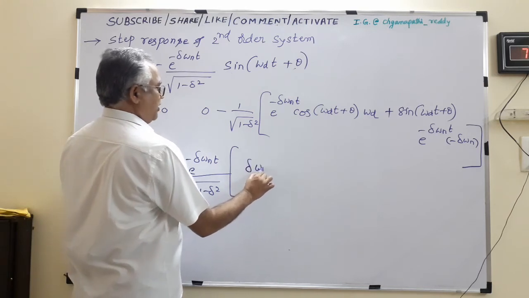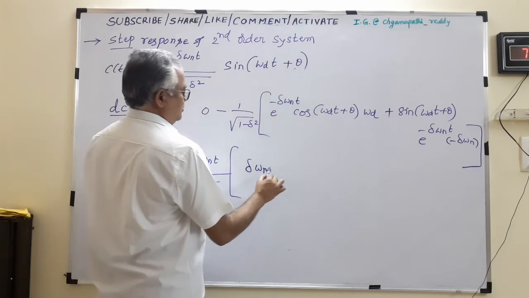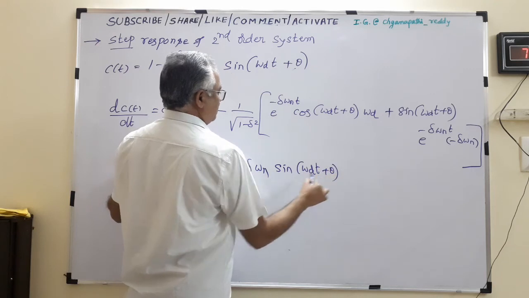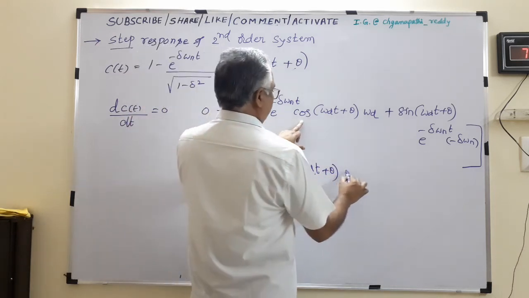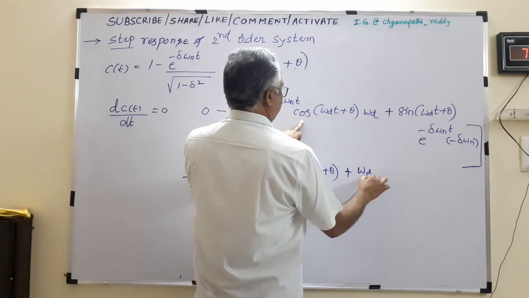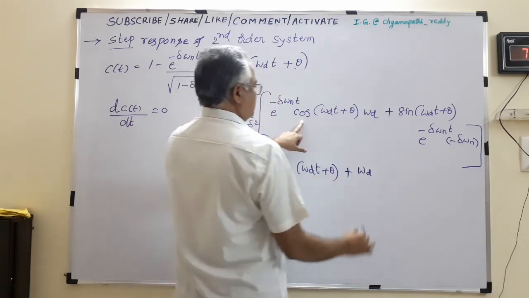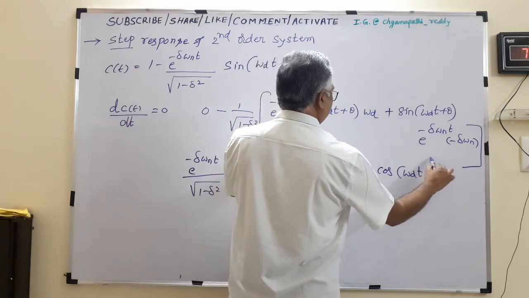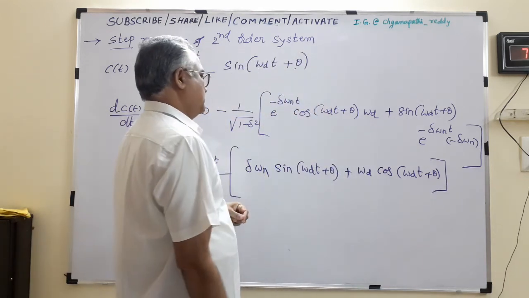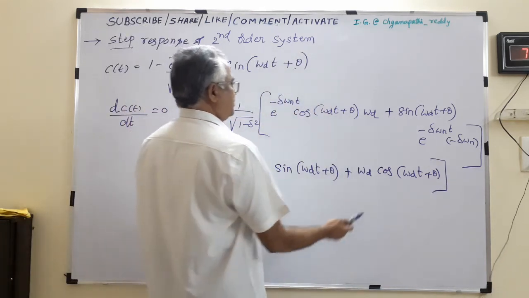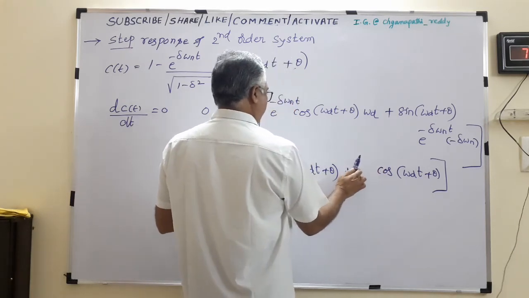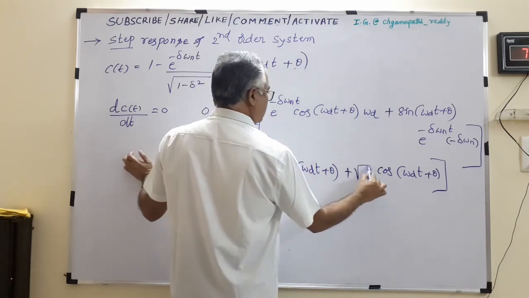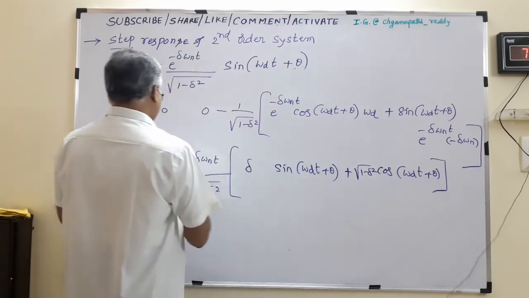So delta omega n sin of omega d t plus theta plus omega d cos of omega d t plus theta. Omega d is what? Omega n root of 1 minus delta square. So this omega n I can remove, I can write this omega n outside.